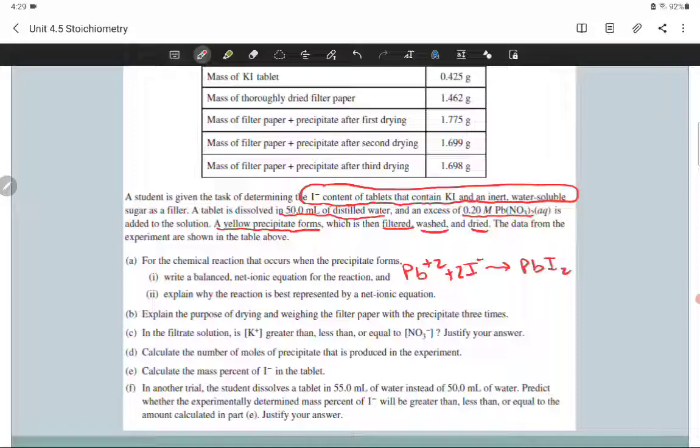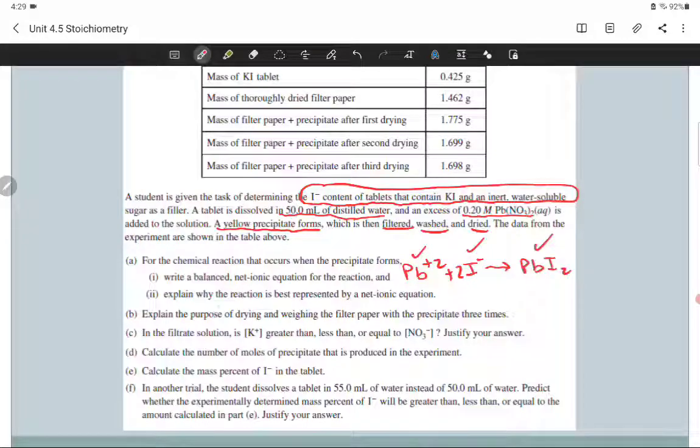Explain why the reaction is best represented by a net ionic equation: because those are the only chemicals that actually change composition, and those are the only ones we're worried about or measuring. Everything else is along for the ride, those spectator ions.